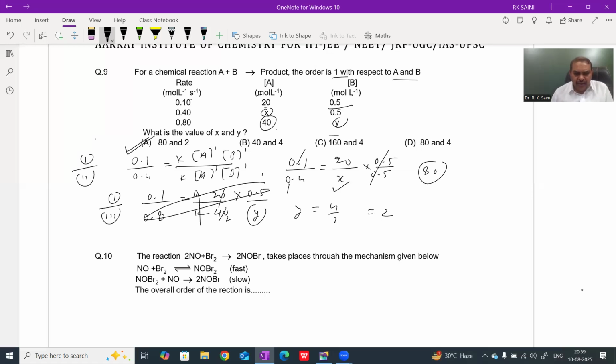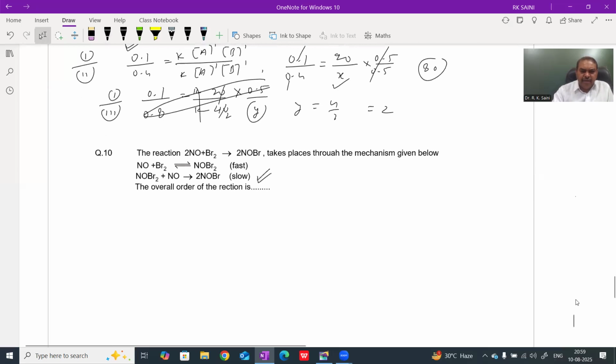Question 10. The reaction given takes place through the following mechanism. We know that the slowest step is known as the RDS, rate determining step, and hence we write the rate according to the slowest step.